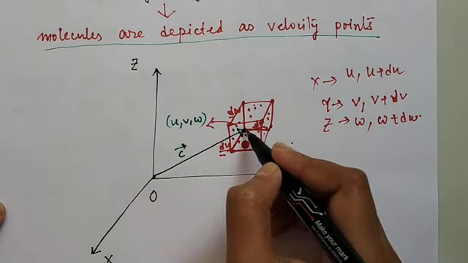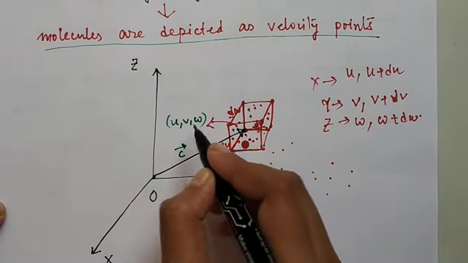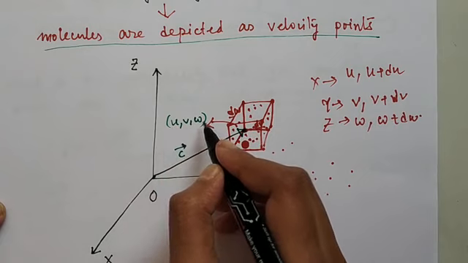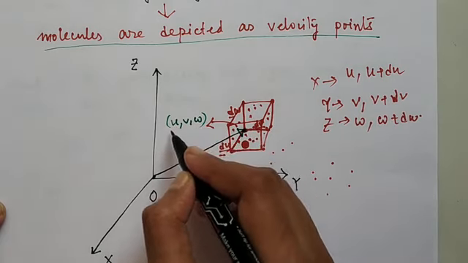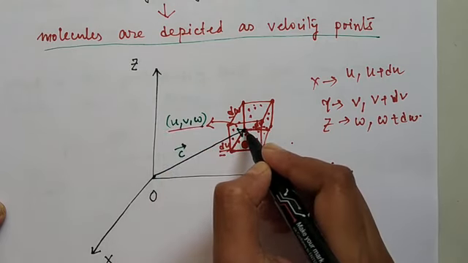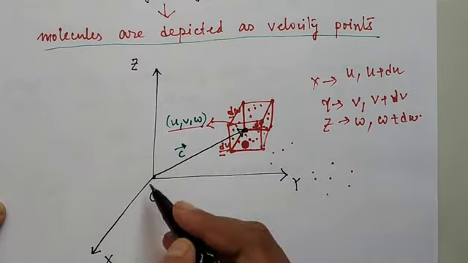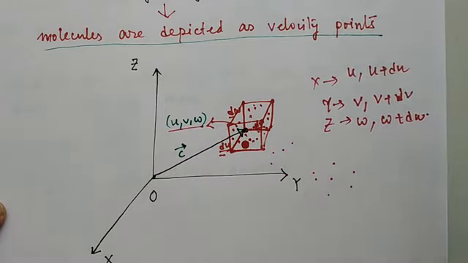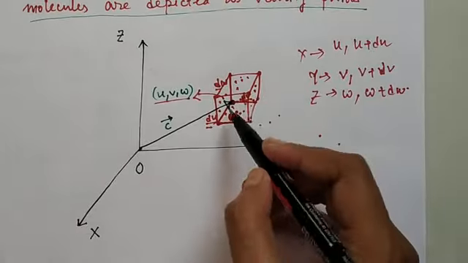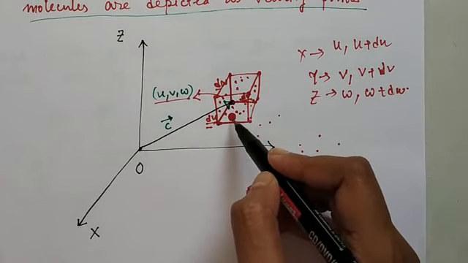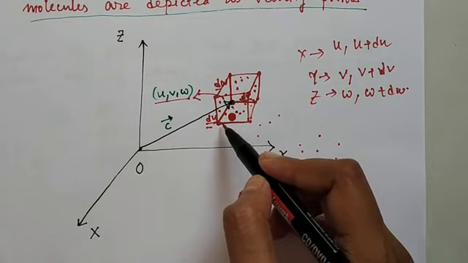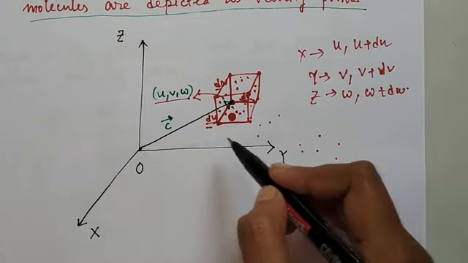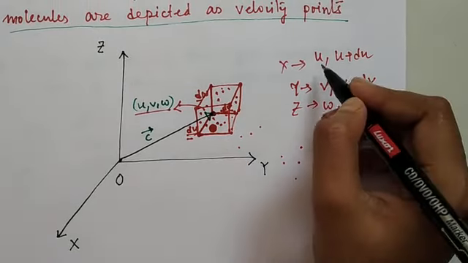So the coordinates of this point are u, v, w, and it represents a molecule which has velocity components u, v, w along the x, y and z axes. So all the points within this cuboid represent the molecules which have their x, y and z components of velocity within these ranges.